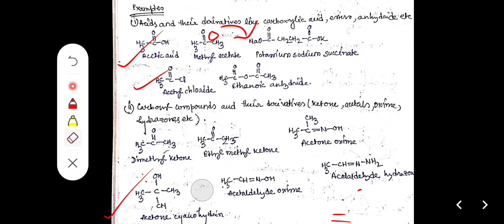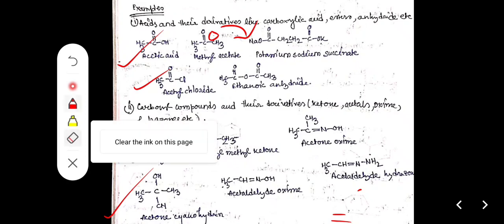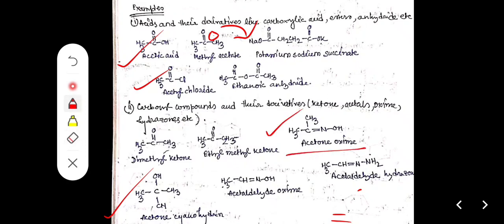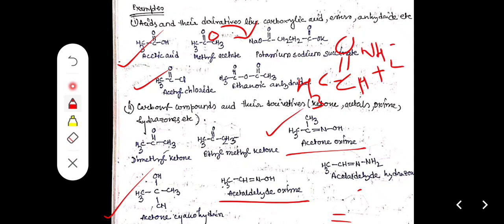Next one, with the same idea, from acetone we get acetone oxime, and from acetaldehyde we get acetaldehyde oxime. If CH3CHO reacts with NH2OH, we ultimately get acetaldehyde oxime.